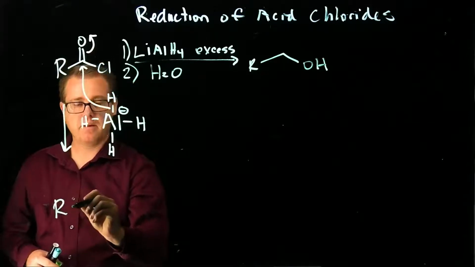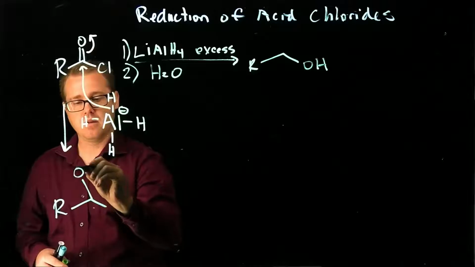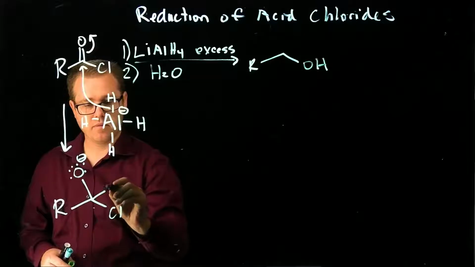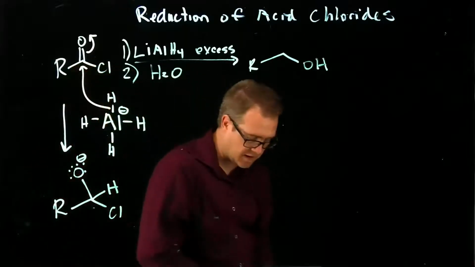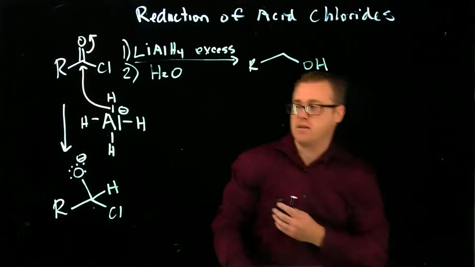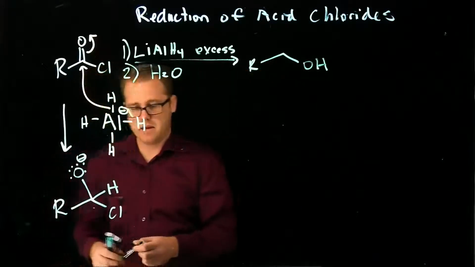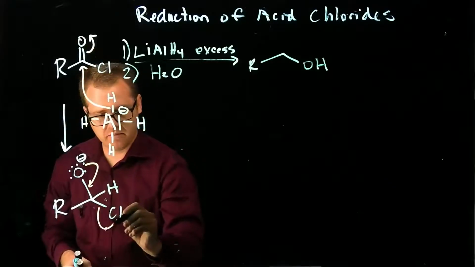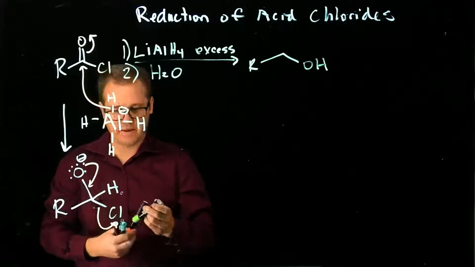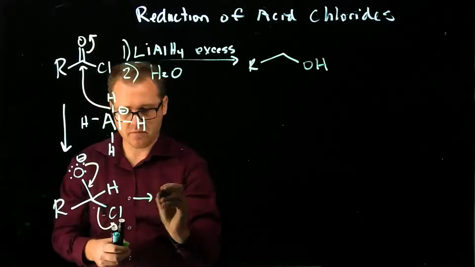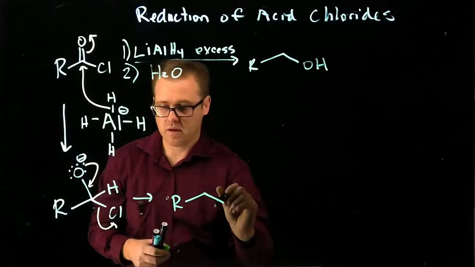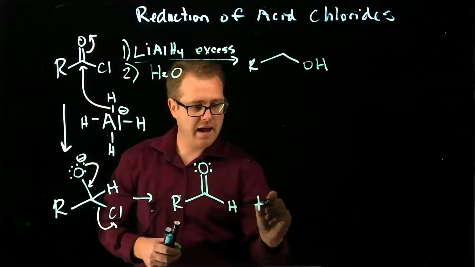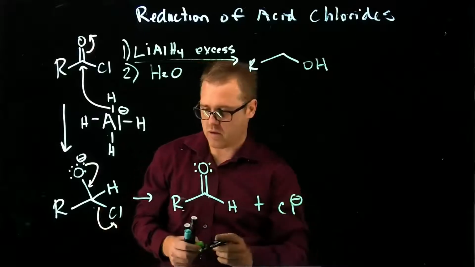So then that's going to give us what? A tetrahedral intermediate. We added that hydrogen from the lithium aluminum hydride. We formed a tetrahedral intermediate and we collapse it down. Well, what's that going to give us? That's going to put the hydrogen there, double bond O there, and it has kicked off the chloride.